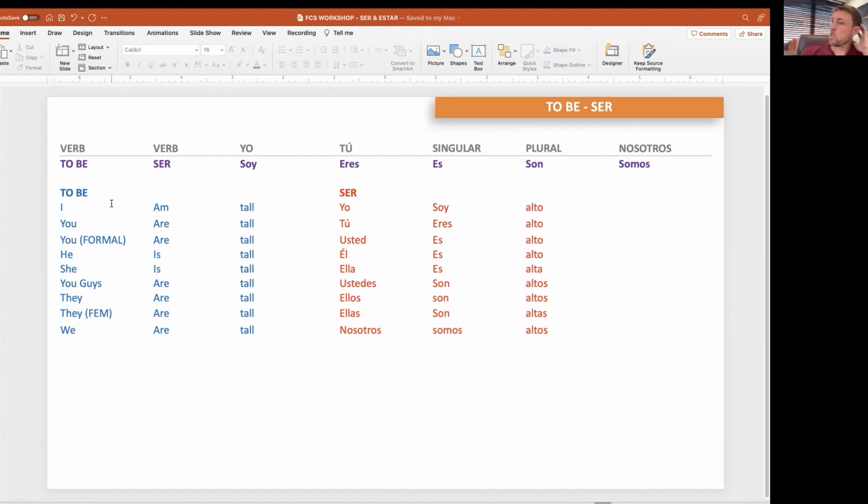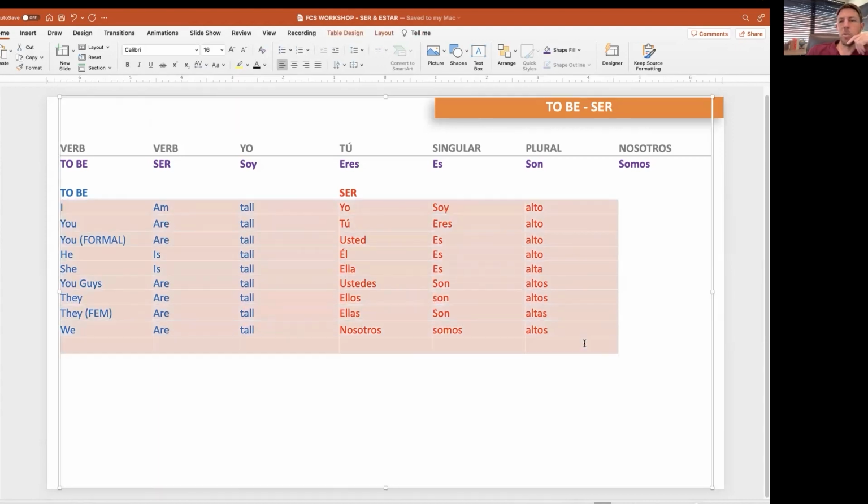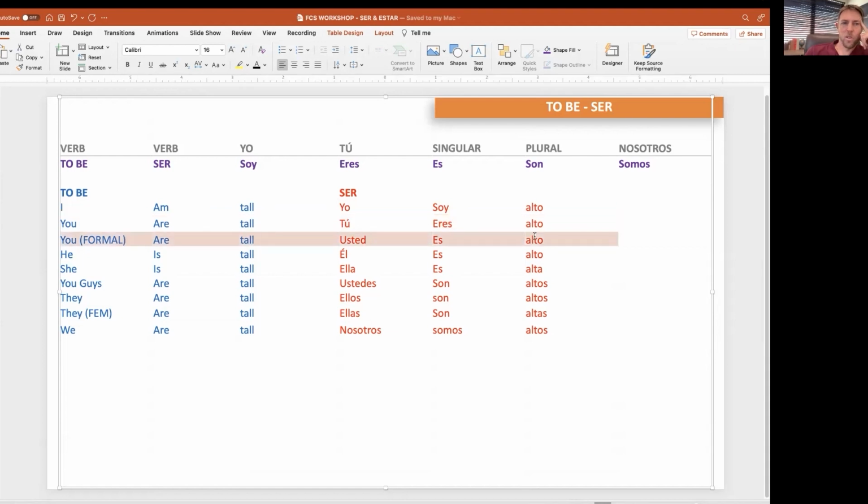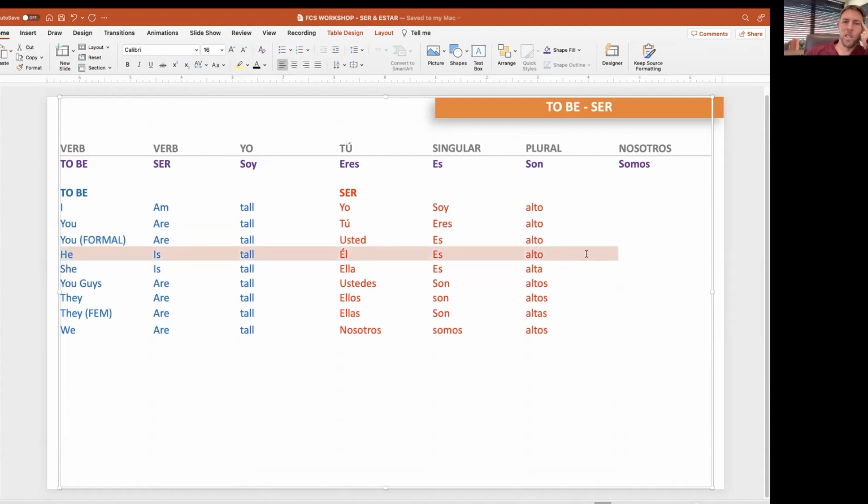And remember, ser is used with time and permanent. So this is permanent. I am tall. So it's ser. I am tall, yo soy alto. You are tall, tú eres alto. Usted es alto. You are tall, formal. He is tall, él es alto.